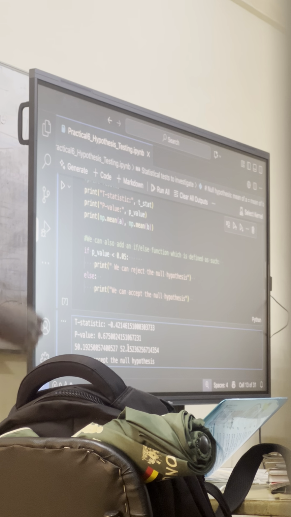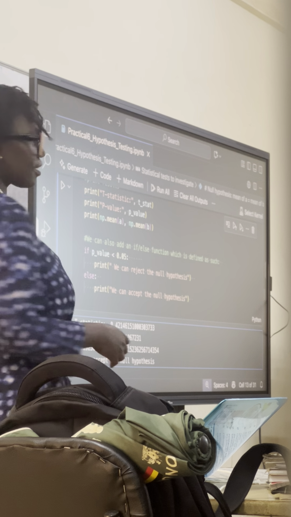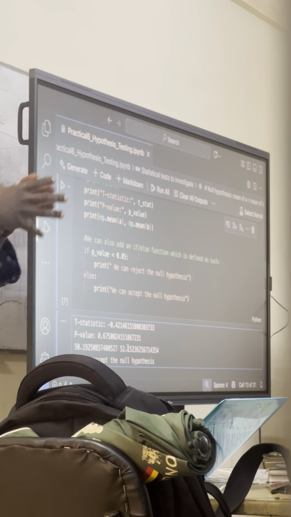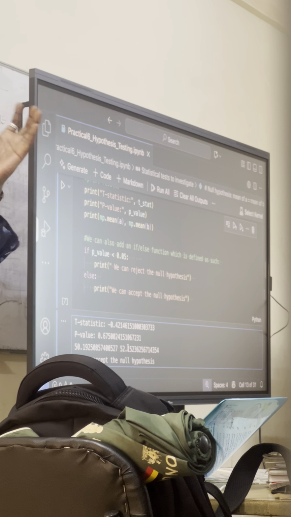So our p-value is not significant, and our hypothesis was that the means for the two samples are the same. So now we can accept this hypothesis, because our p-value is greater than 0.05. But we must look carefully at each test.